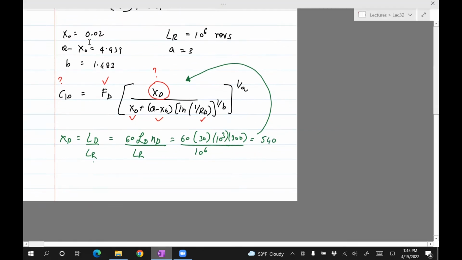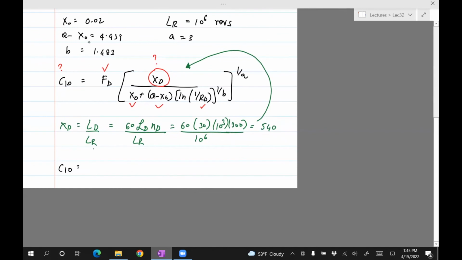So let's sub that in. We get C10 equals 413 times 540 divided by 0.02 plus 4.439 natural log 1 divided by 0.99, raised to 1 divided by b.